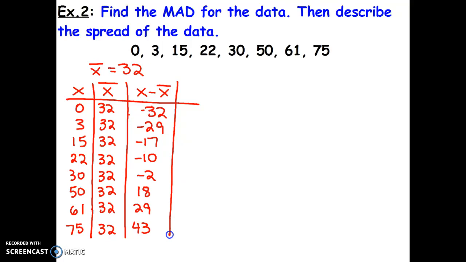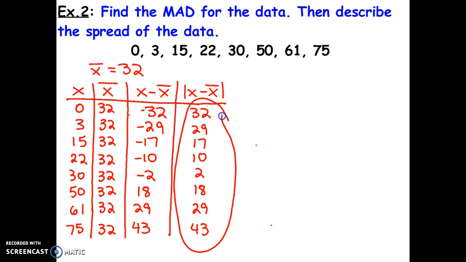Okay? And lastly, we need to find the absolute value of each of these differences. So 32, 29, 17, 10, 2, 18, 29, 43. And now we're just going to find the average of this last column.